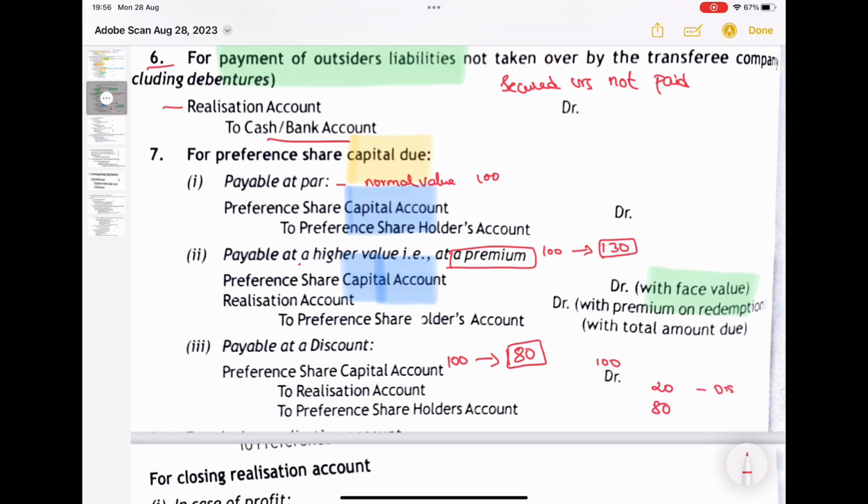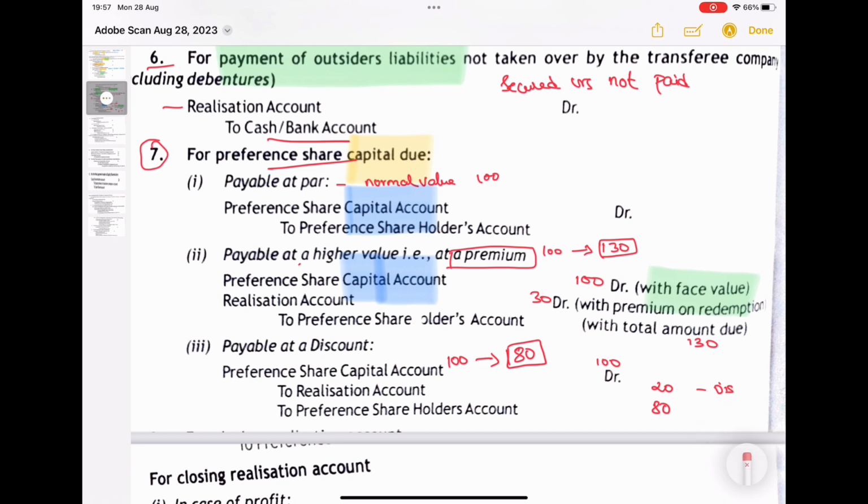This is the discount value in this entry. Got it? So this is how we are going to calculate it. These are the basic entries. In case your question does not mention preference share capital at all, this seventh entry will not be there.